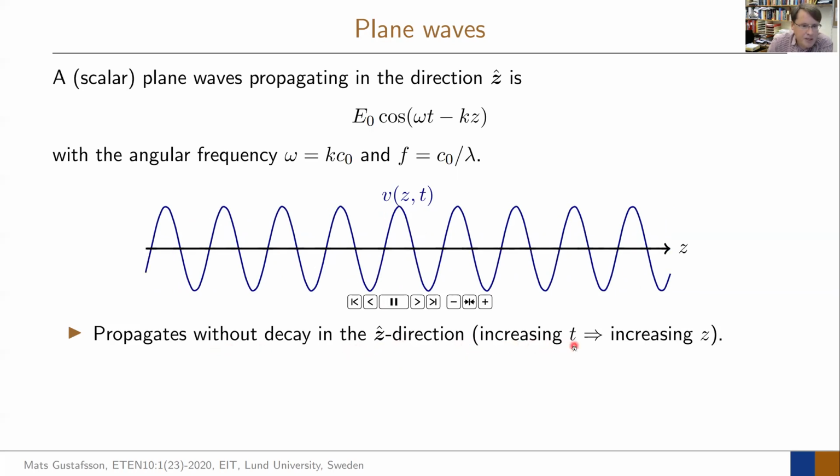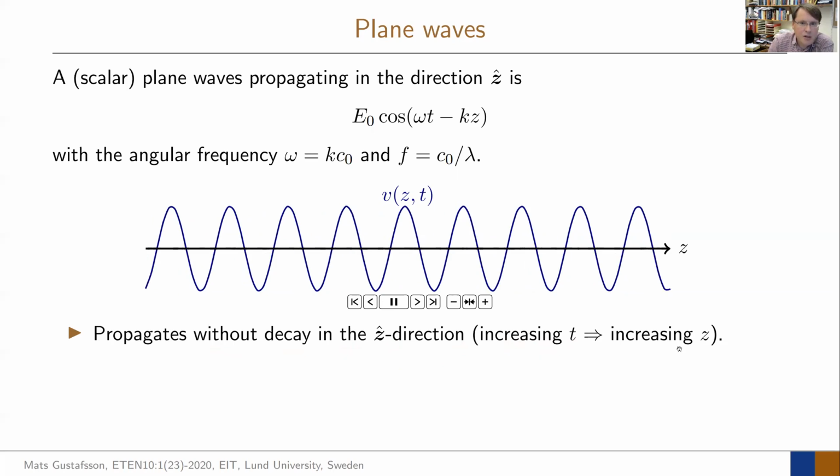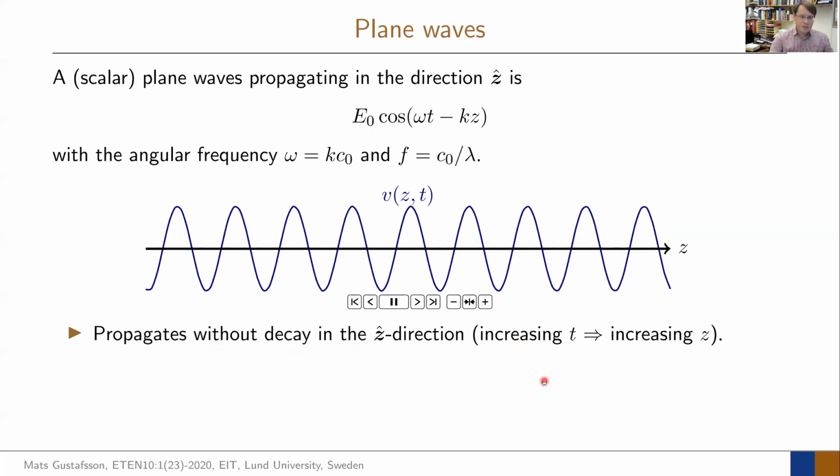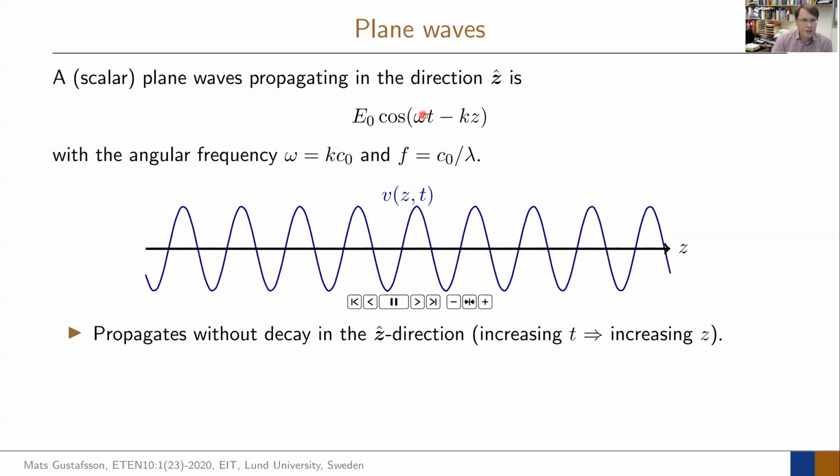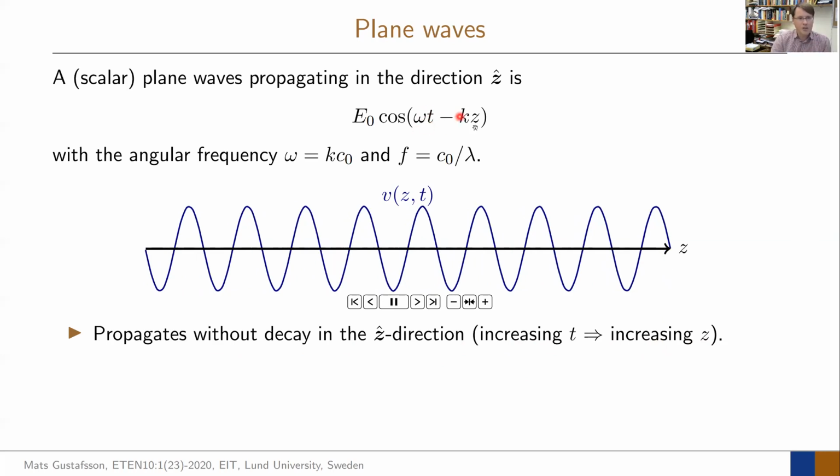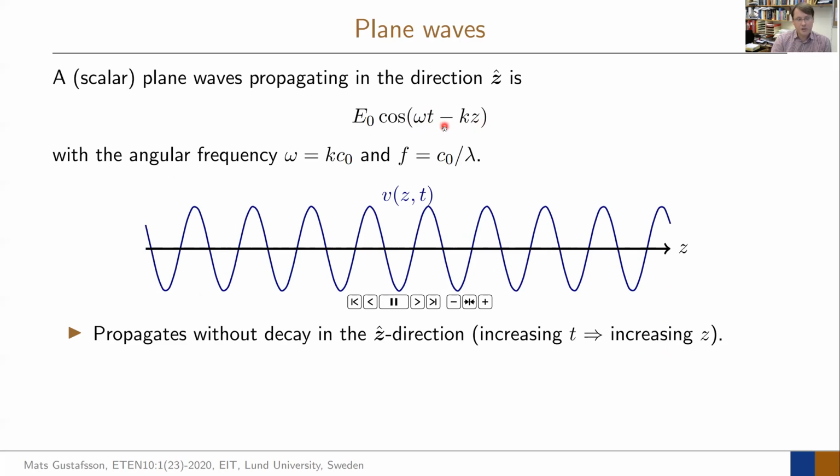And in these cases, what it means is that if you take your t and you increase it, so you want to see where this propagates, that means t is going forward. That means that you need to increase z. So if I want to keep this at a fixed point, then if I increase t, I need to compensate by z. So z is increasing and t is increasing, and it's a minus sign there. If it was a plus sign, it would go in the opposite direction.